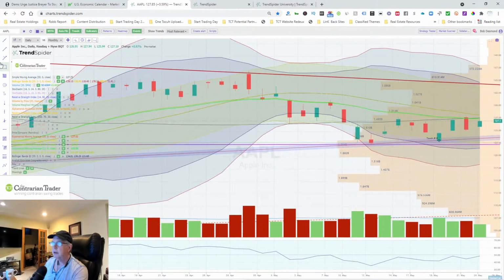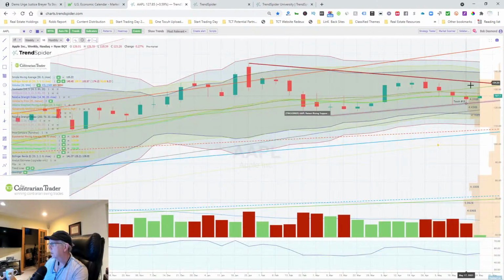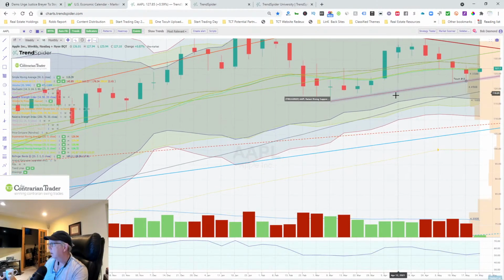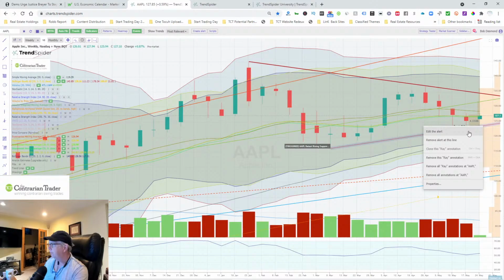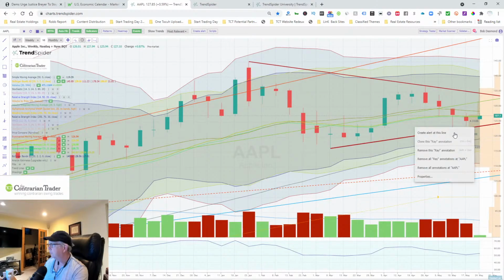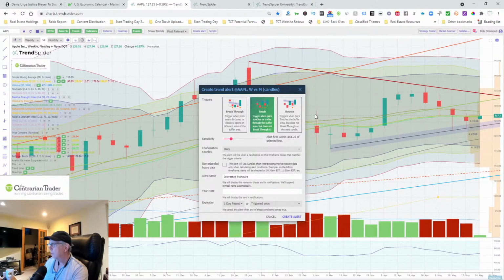I'm going to come back to this daily chart in a moment. Weekly chart. We have an alert. Oh, that fired off last week. We got to change this. We have an alert down below.